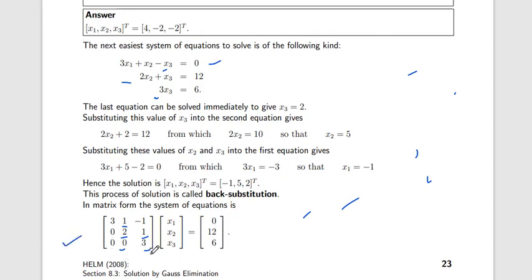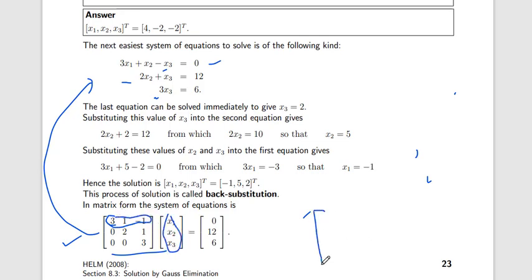Now if you have these types of matrix and you want to transfer matrix form into linear equation, then how do we get linear equation? Okay, we can get it easily. This is the multiplication of two matrix. Okay, how do we multiply two matrix? Here, first of all, first row and first column.